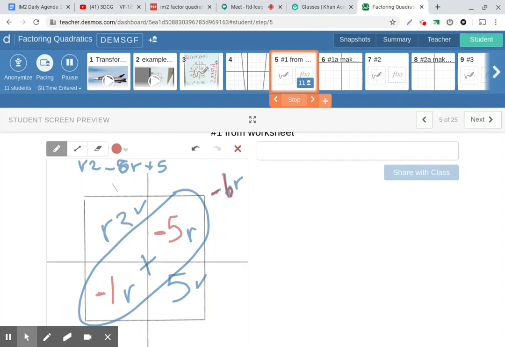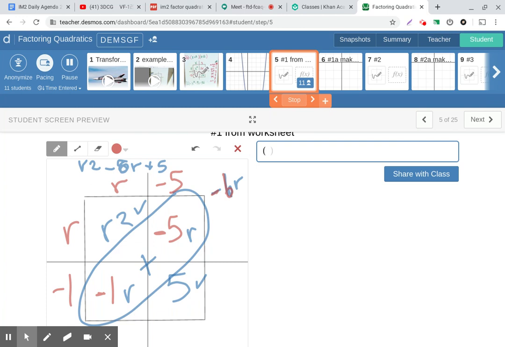So there is guessing and checking here because with 5, there's only 5 and 1, right? And then you basically do the box in reverse. So what you want to do on the right side, you want to put in parentheses r minus 5, close, r minus 1. And by the way, right now it's not a function, it's just an expression.